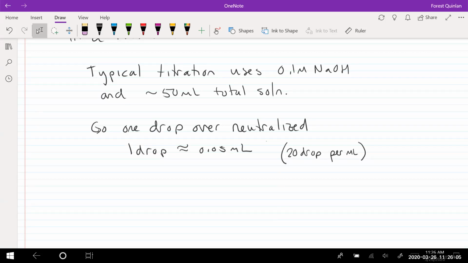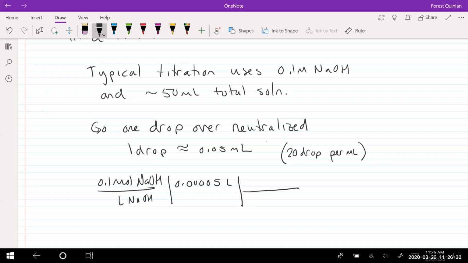So let's take 0.1 moles of sodium hydroxide per liter of sodium hydroxide. And let's add that to the 0.00005 liters, and that's going to be of the sodium hydroxide.